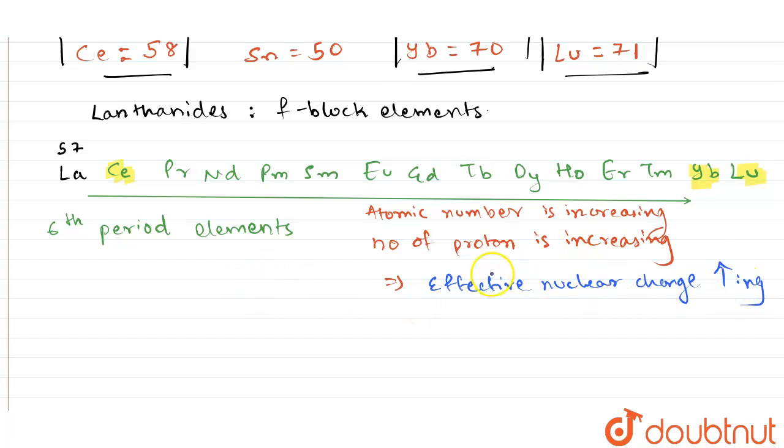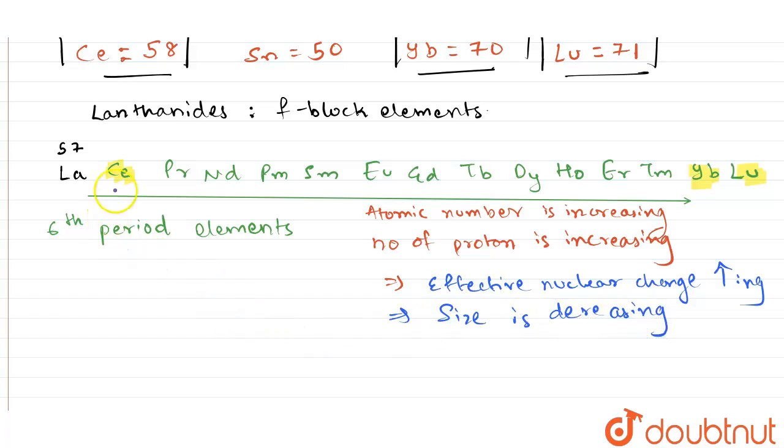And since effective nuclear charge is increasing, the force of attraction of the nucleus on the outer electrons is increasing, so the size is going to decrease when we go from left to right. When atomic number is increasing, size is decreasing.